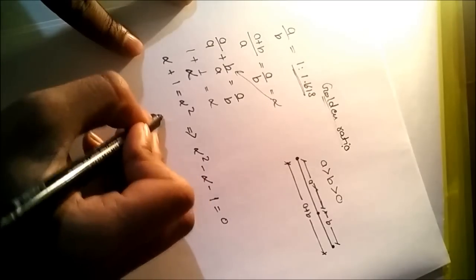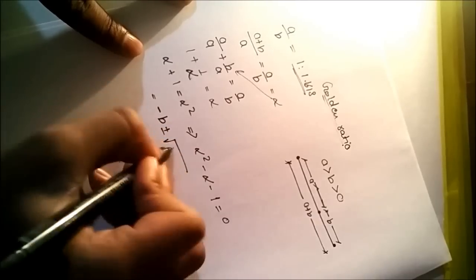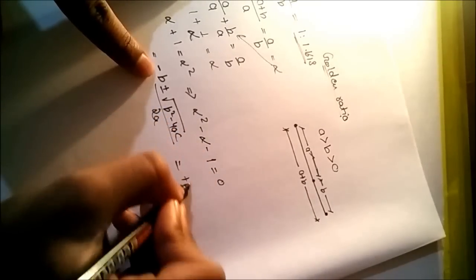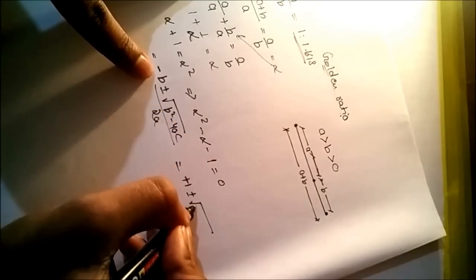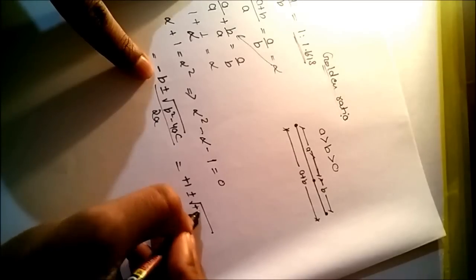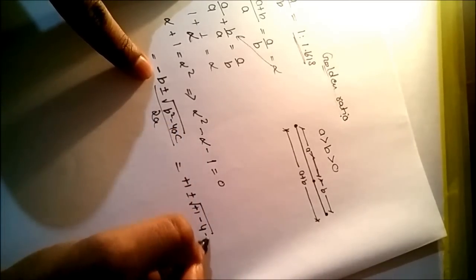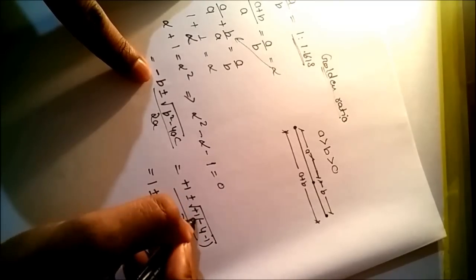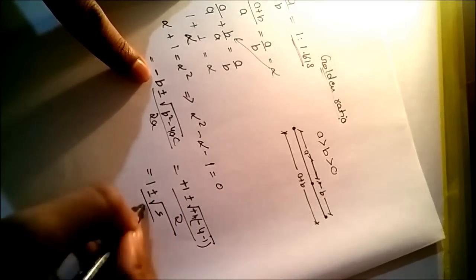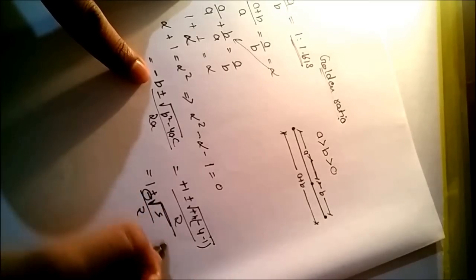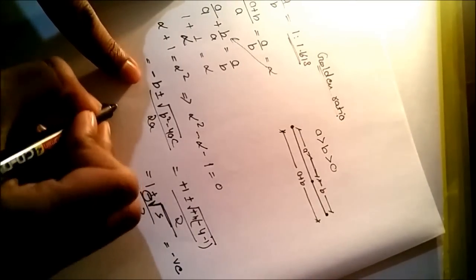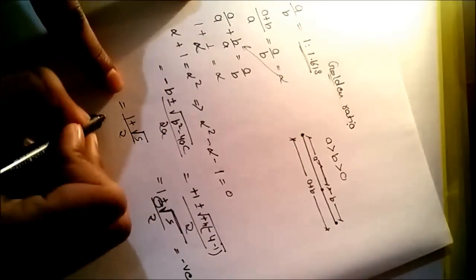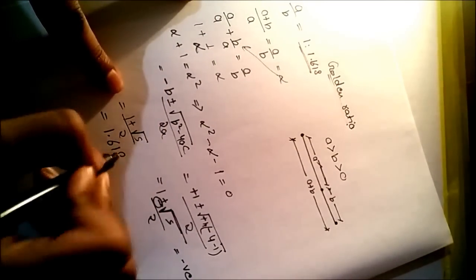Remembering the formula, minus b plus minus under root b square minus 4ac upon 2a, we get 1 plus minus under root 5 upon 2. Negative under root can't be a negative value, so the result will be 1 plus root 5 upon 2, and it comes to be 1.618.